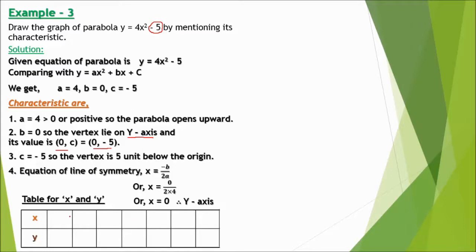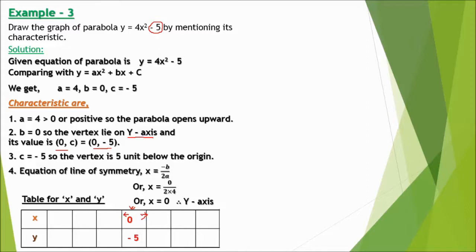There are 7 columns remaining, and the fourth column, that is middle column, is for vertex. 0 and minus 5 is vertex. Now we have to take the value greater than 0 in this side, less than 0 in this side. As I have already shown you in number line, you can take the help of number line.